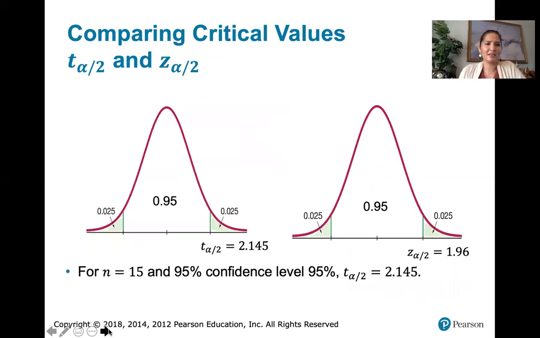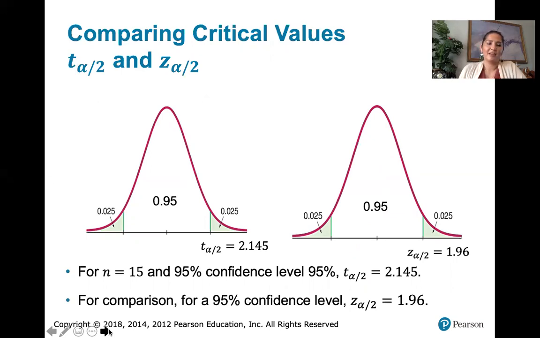I wanted you to see on this slide that the t sub alpha over 2 and the z sub alpha over 2 basically do exactly the same thing, but you get different values. So when n is equal to 15 and you've got a 95% confidence level, our t sub alpha over 2 is this 2.145. Now, if you are looking at a 95% confidence level for a standard normal distribution, the graph is similar. You've got 95% of the area under the curve in the middle. You've got that 5% of the area split into two tails. You've got 2.5% on the left tail, 2.5% on the right tail. So the graphs are almost identical.